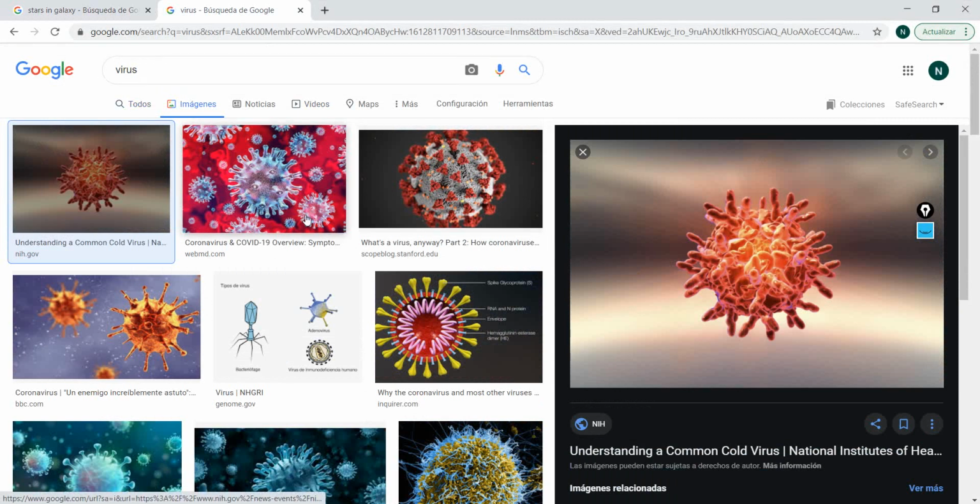For example, now that we have this pandemic, we talk about viruses a lot, and as you may know, viruses are extremely tiny. You cannot see these things with the naked eye at all.